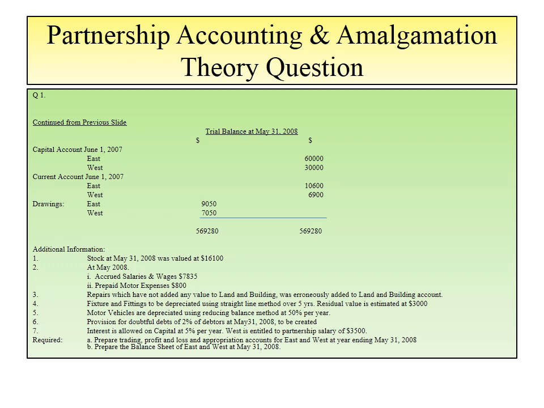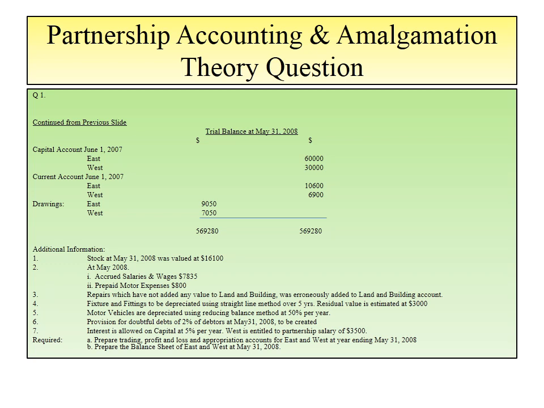Drawings is also given as a debit balance, the opening account in fact, 9,050 and 7,050. This is the total question, and additional information is given over here.